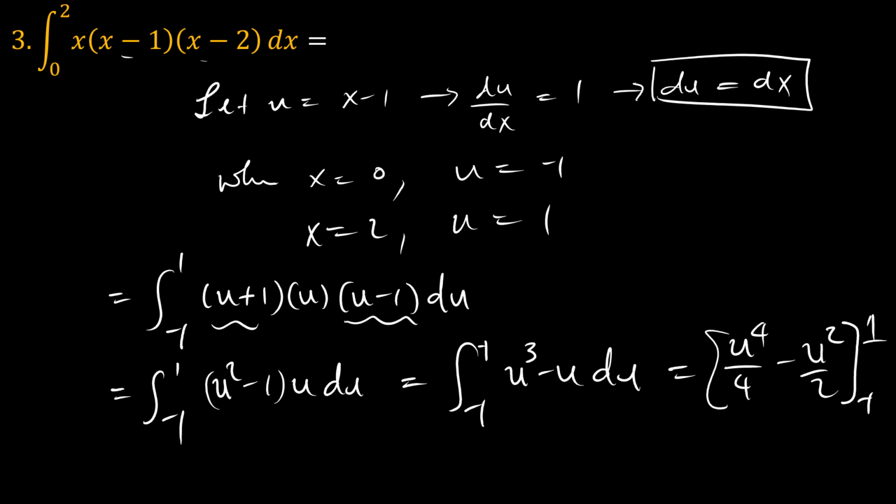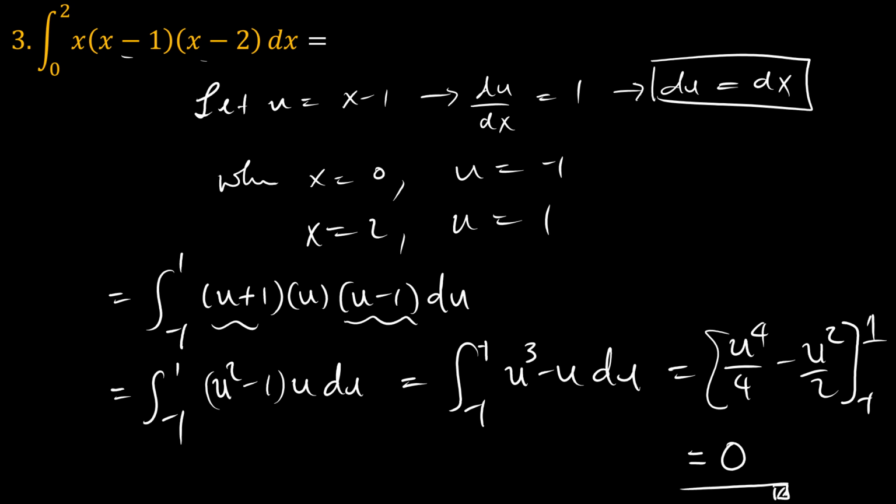Since 1 to the power 4 is the same as negative 1 to the power 4, and 1 squared is the same as negative 1 squared, the answer here is just going to be 0. And that is the answer that was expected.